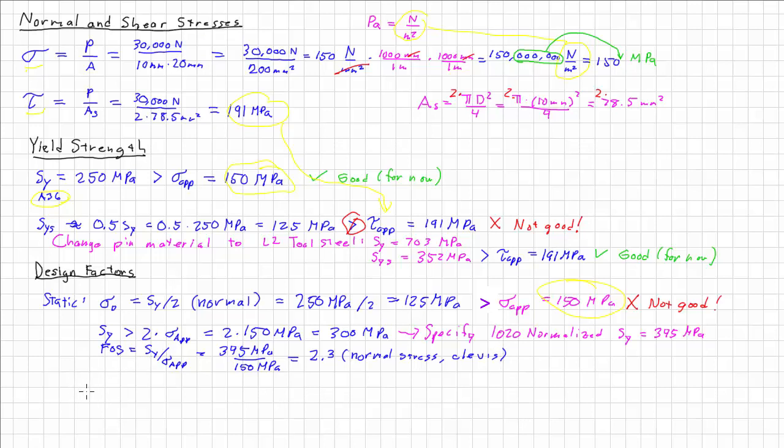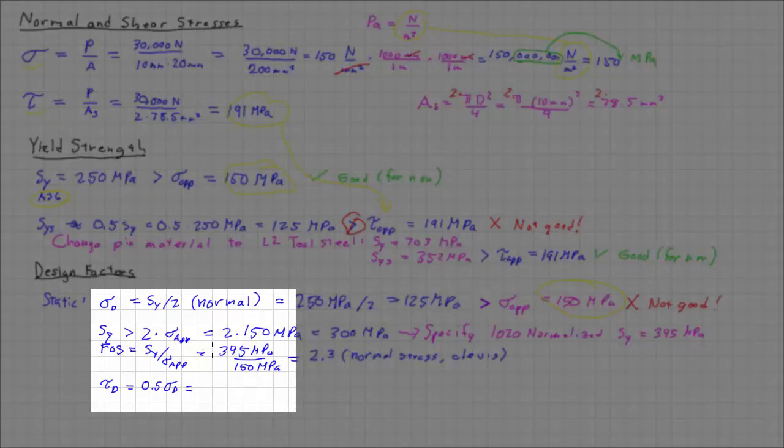Okay, let's look at the shear. So for shear stress, our book says our design shear stress is to be 1/2 of the design normal stress. So that's, as we see here, half of the yield strength.